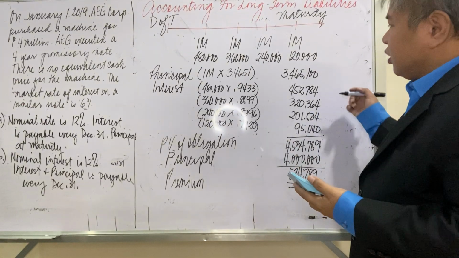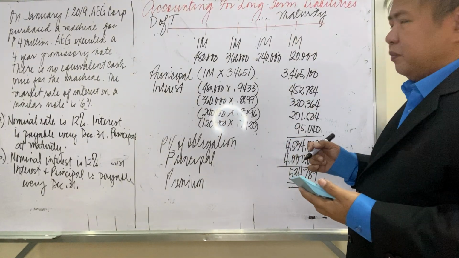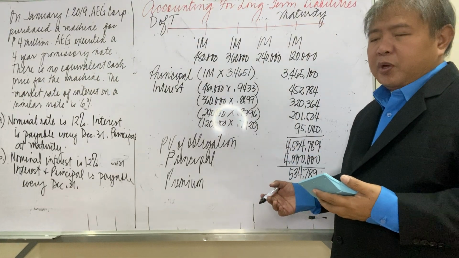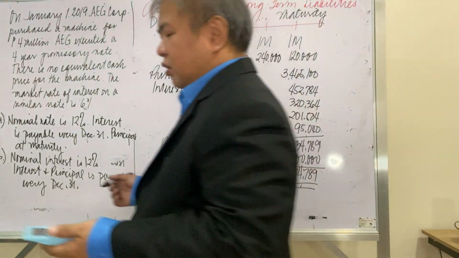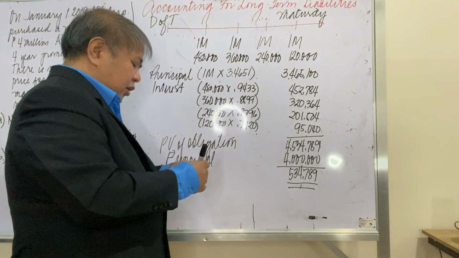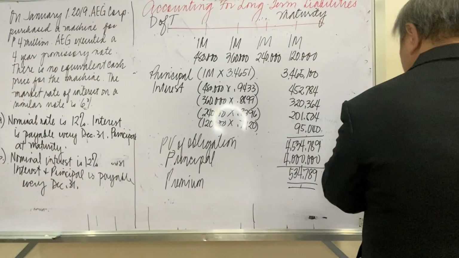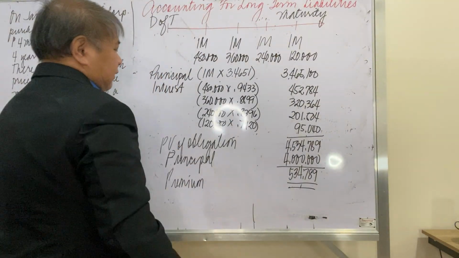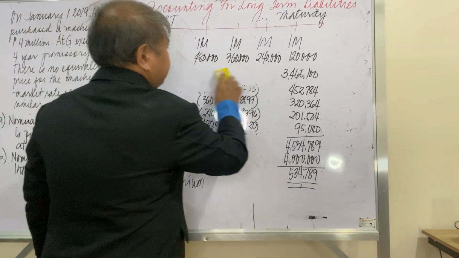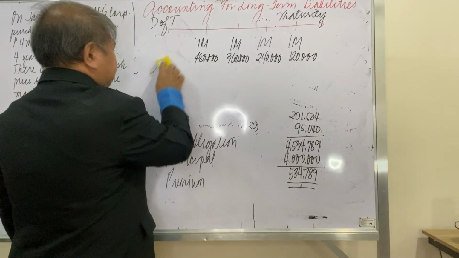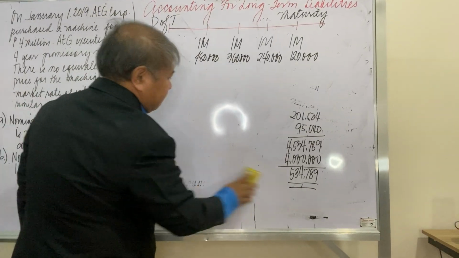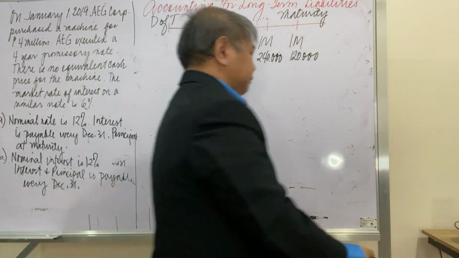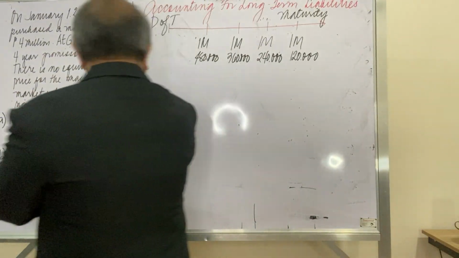Okay? So with this one, we will now go to the amortization. You just have to follow the entries that I prepared earlier for the transaction. So let's do the amortization table.